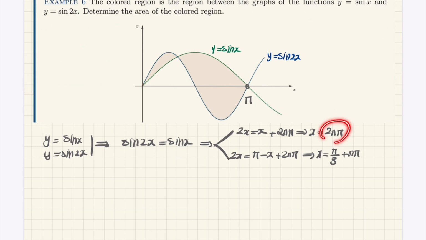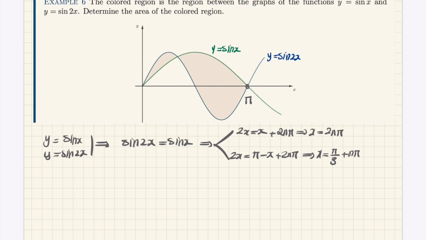If I start giving n the integer 0, the first one would be 0, the second one suddenly becomes 2 pi, which is far away from where I am looking. So forget about this. This will not generate anything between 0 and pi. But what about this one? Yes, it will generate. Do you agree?